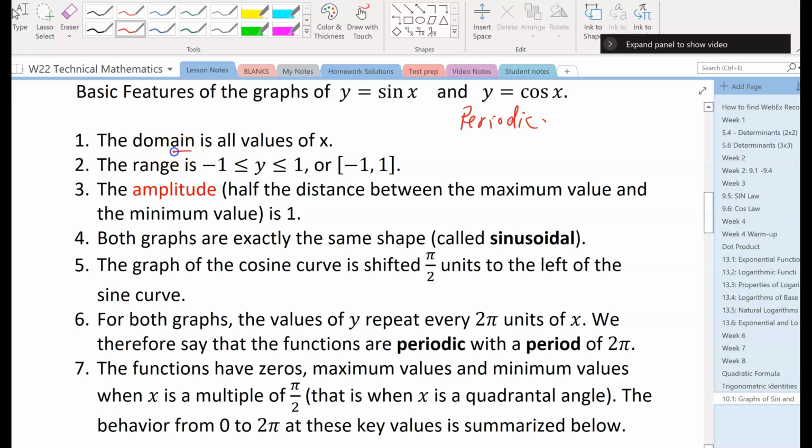The domain is the set of all possible x. What values of x can we find the sine and cosine of? It is all values of x, all real numbers.